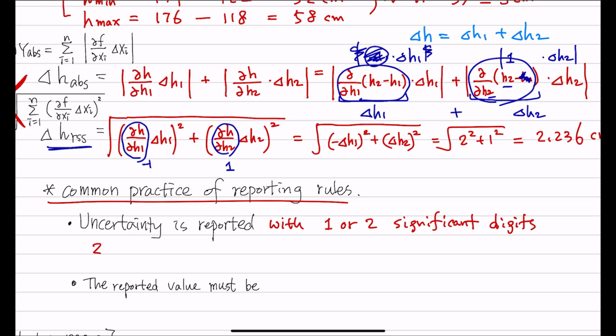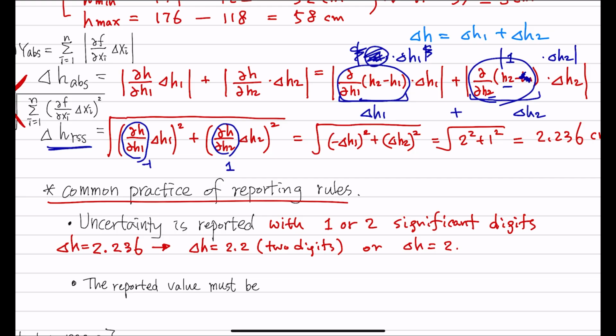So we had 2.236, and that one has to be either 2.2, 2 digits, or 2, which is more conservative here.